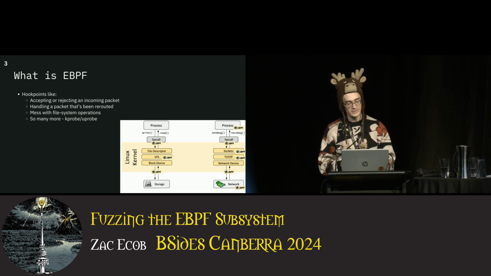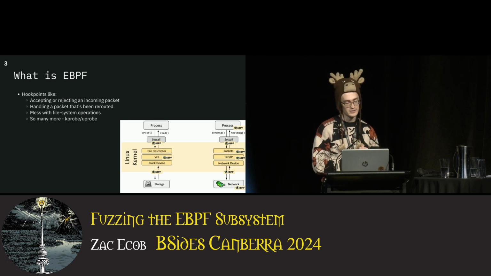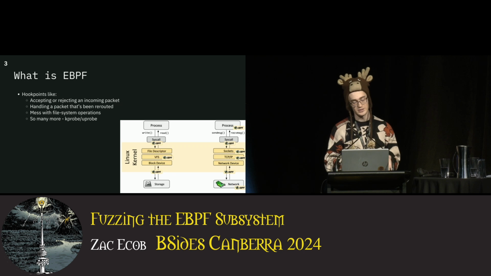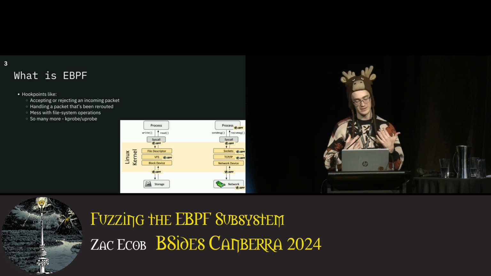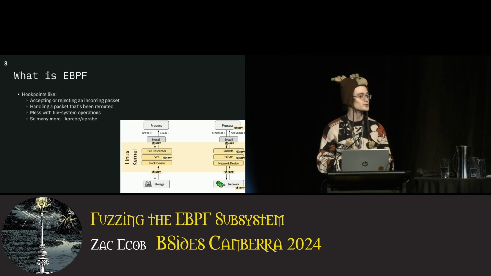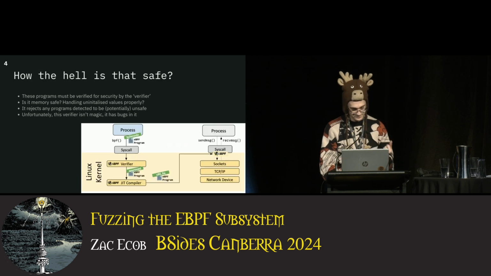The original BPF was mostly for networking, and that's what I'm most familiar with. So it's like accepting or rejecting an incoming packet, handling a packet that's been specifically rerouted, but it's now much more flexible. You can mess with, say, file system operations, or there are even options called kprobe and uprobe, which allow you to have custom hook points, and people do crazy stuff with that.